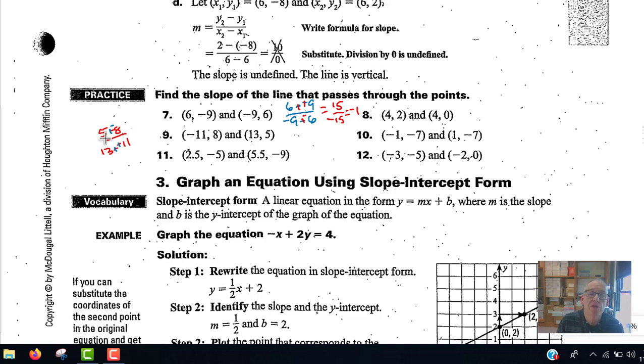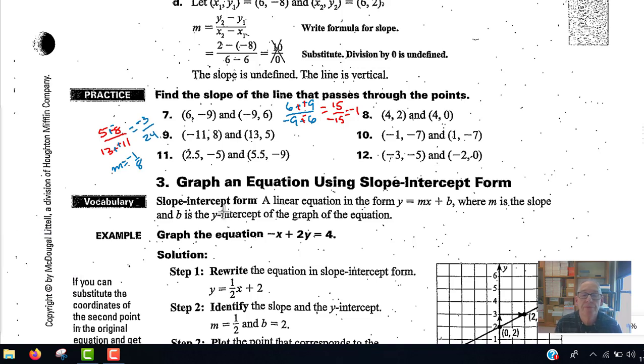You take the sign of the largest magnitude number, which is the negative. So the answer is going to be negative, and you look at the difference of the numbers, and the difference of 8 and 5 is 3. So this is going to give me -3. And 13 plus 11 gives me 24. So -3 over 24 is the same as a -1 over 8. So the slope of that line is -1/8 for number 9.